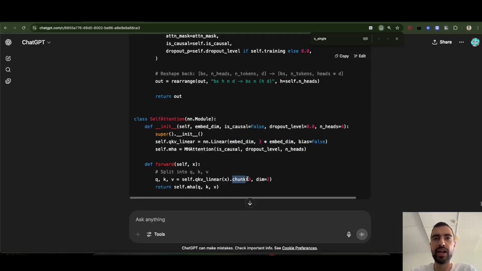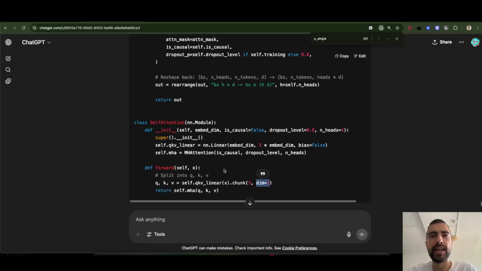And then we will chunk it into 3 parts at dimension 2. So this is the last dimension. This X has batch size, number of tokens, and the embedding dimension.